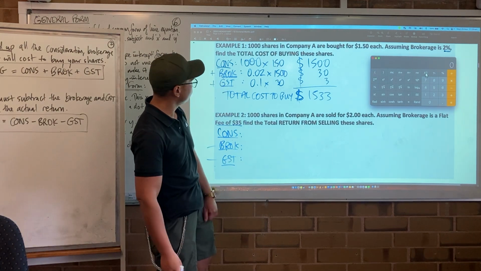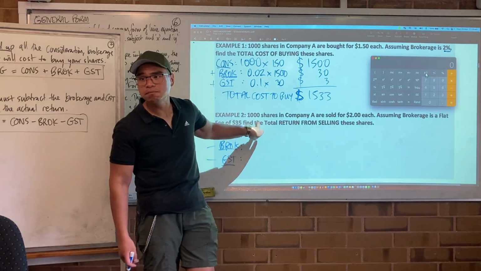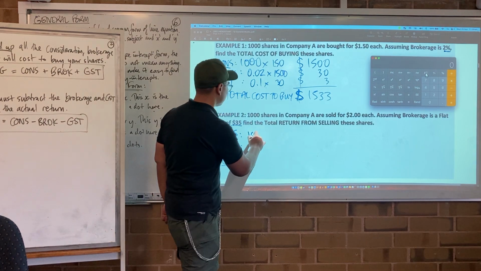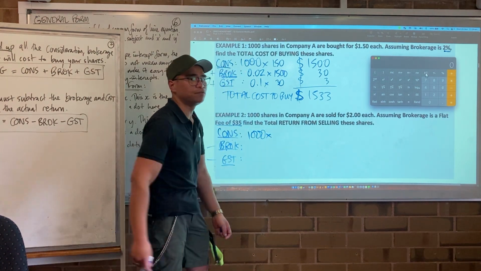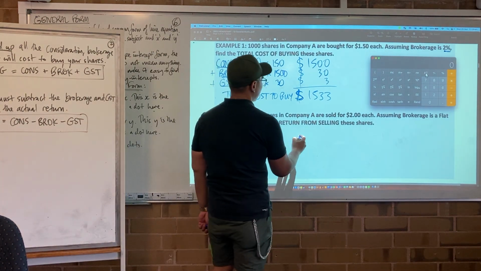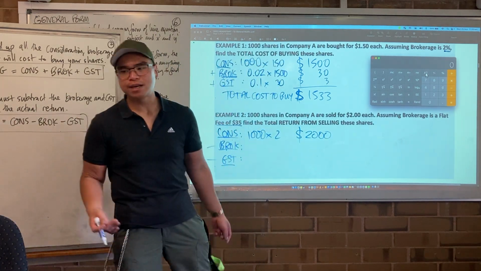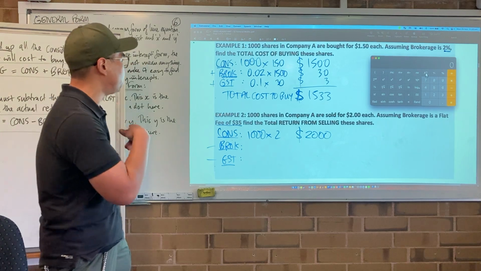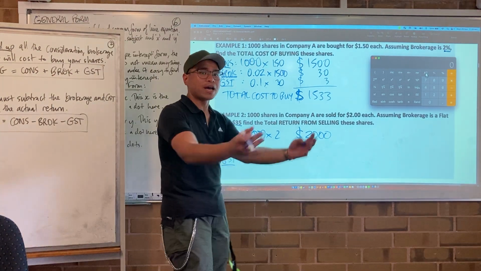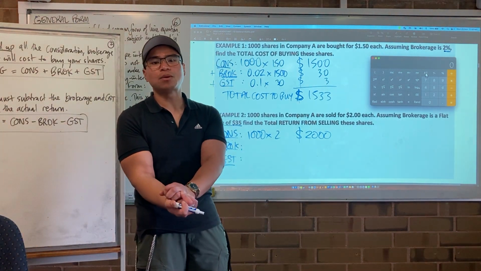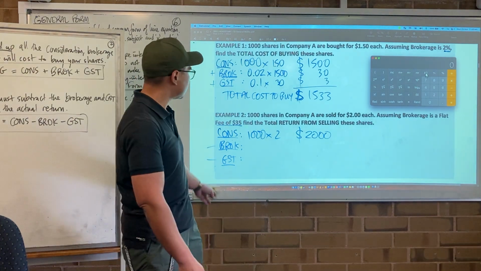So remind myself. How many shares am I selling this time? 1,000, still the same. 1,000 times by. What am I selling them for? $2. So I should be getting $2,000. That's what I should be making on this transaction. But can I do that myself? I need someone to do it for me. What's that person charging?